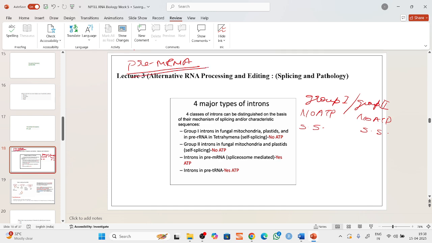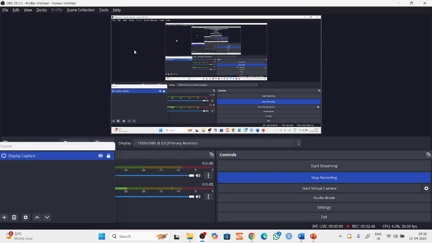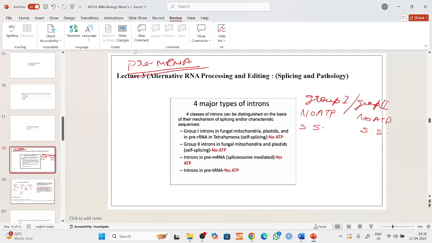So introns that are present in pre-mRNA require the spliceosome. So they require ATP also. So they are not self-splicing. Self-splicing means that it does not require any kind of enzyme or enzymatic machinery; they can perform their function on their own. Those are your self-splicing introns.